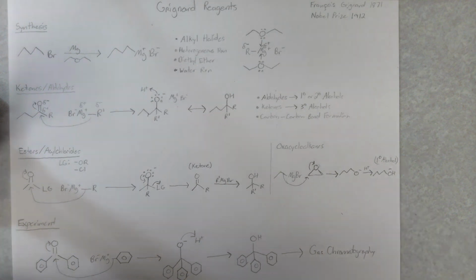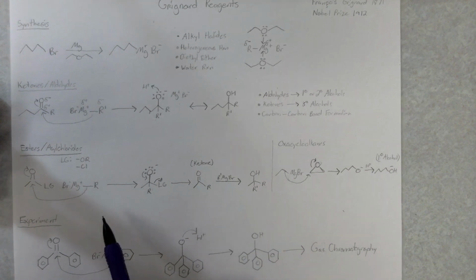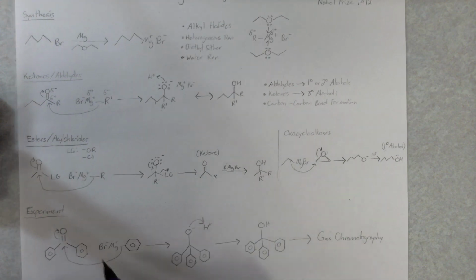And now our experiment. What we're using today is benzophenone and phenyl magnesium bromide. The phenyl group on the magnesium will act as the nucleophile onto the carbonyl carbon of the benzophenone, breaking the double bond just as we've shown before with the other ketone, and forming an alkoxide.